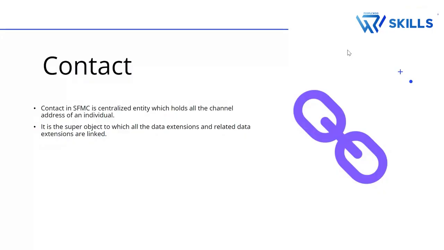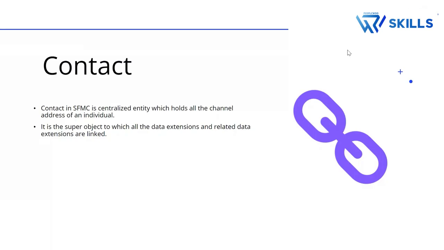When I say it is a super object, you can consider that a subscriber is present in Email Studio, a subscriber can be present in a list, a subscriber can be present in a data extension, and in future if we study Mobile Studio, a subscriber can be present in Mobile Studio as well.